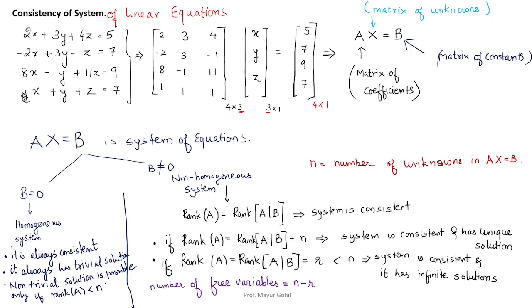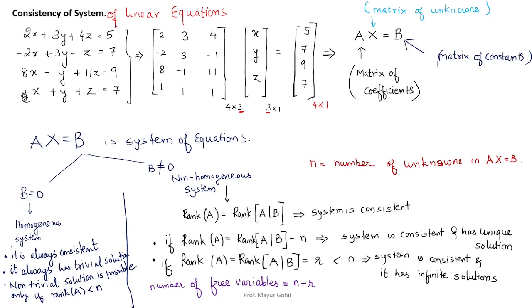That's it. This much only is regarding the homogeneous system, and we don't have to do much about it. And again, the same, the number of free variables is equal to n minus r.